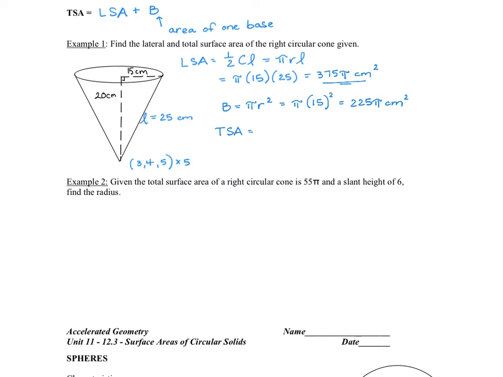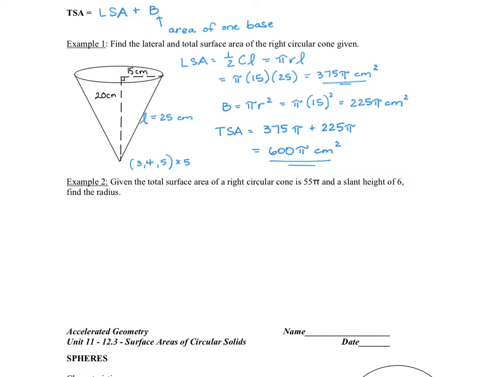And the total surface area is found by adding the lateral surface area to the area of one base. And when I add those together, I find the exact total surface area to be 600 pi centimeters squared.